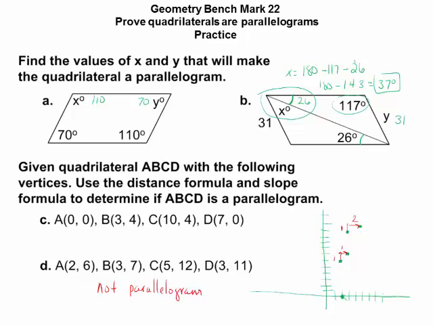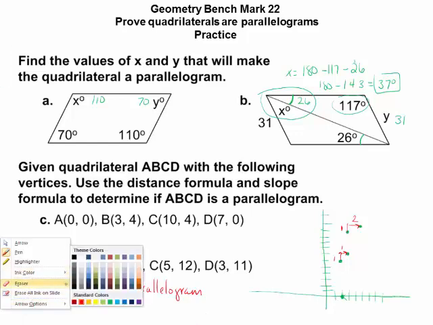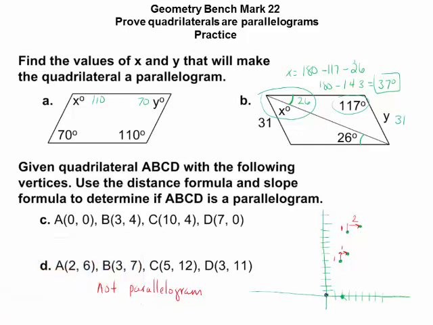Okay, I'm going to do A, because actually we do have time for me to do A real quick. I'll do it in blue. 0, 0, 1, 2, 3, 4. Okay, 10, so that's 1, 2, 3, 4, 5, 6, 7, 8, 9, 10. 4 and 7, 0.